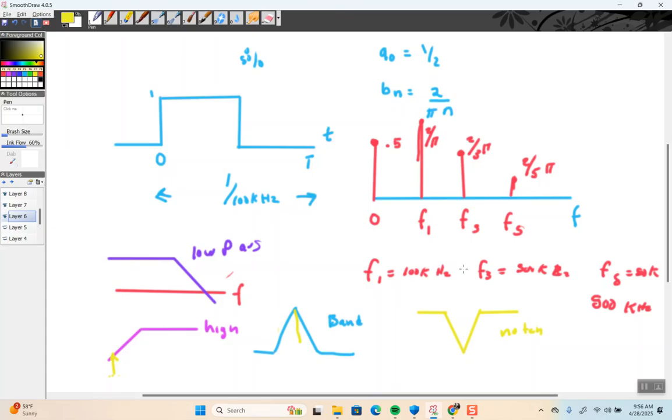All right. So the question is, if I wanted a DC signal, I only want the DC, which one would I use? Low, high, band, notch. Low, right? What I'm drawing here is not strictly legal, because this is a Bode plot with a logarithmic scale, and this is the Fourier spectrum on a linear scale.